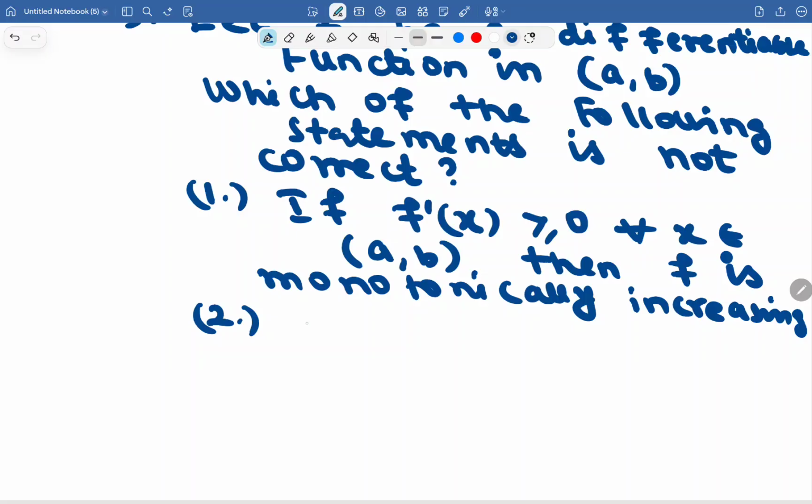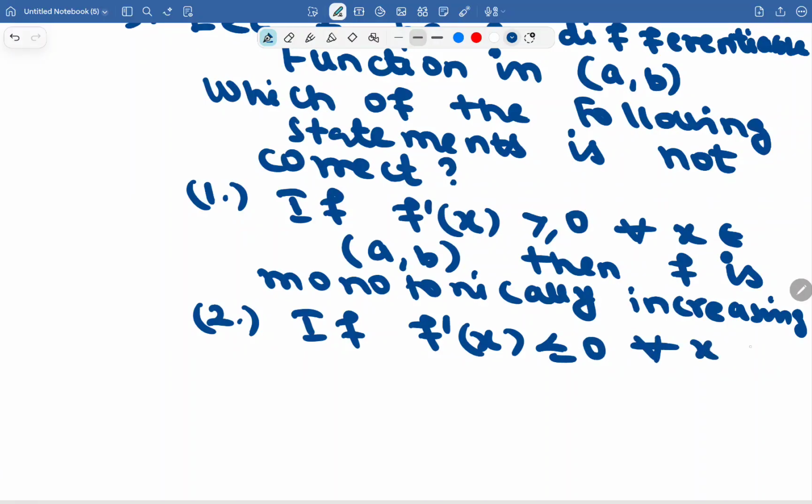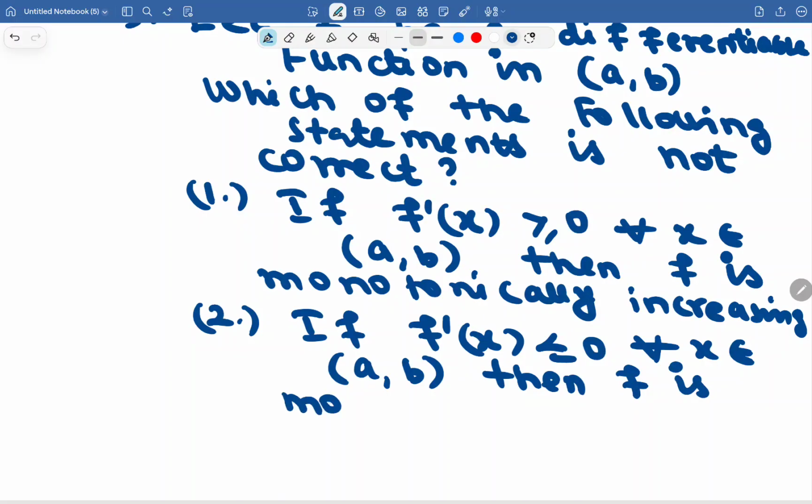Second option, if f dash of x less than or equal to 0 for all x belongs to open a comma b, then f is monotonically increasing.